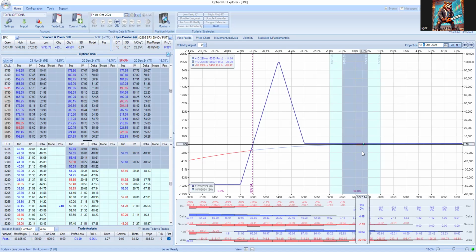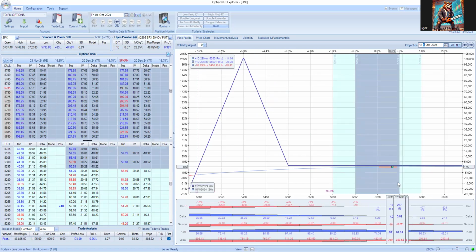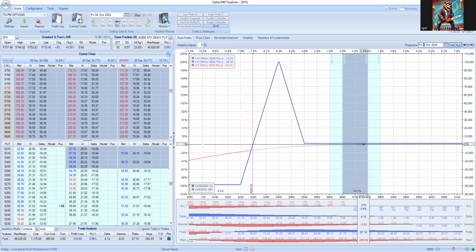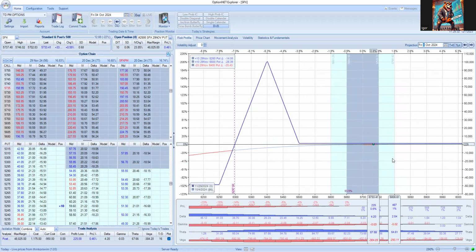A lot can happen. Market can go up, market can go down. And as you can see, I don't know if you're able to see it well, but you can see that my T+0 right now is fairly smooth, both up and down, right? So the market could go down 2%, and I'm still not inside of the tent.